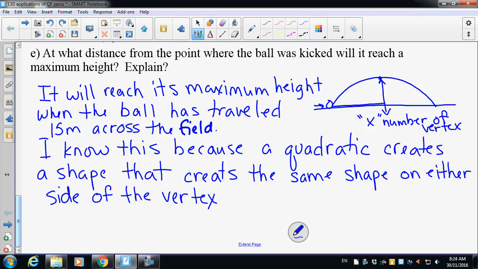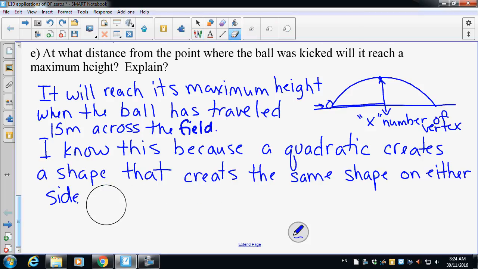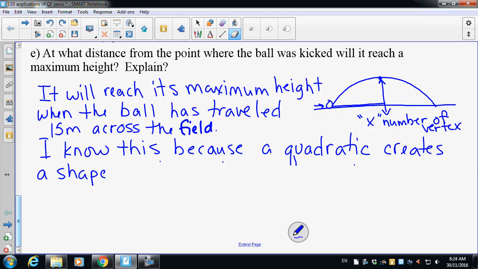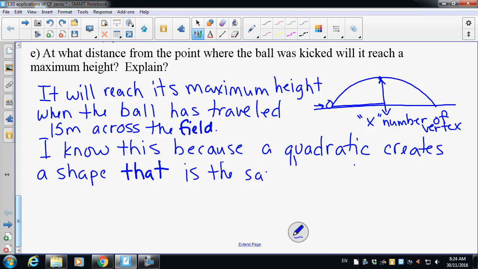Okay, I know this because a quadratic creates a shape that is the same on either side of the vertex.